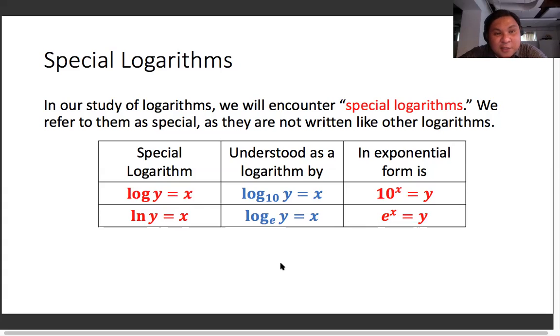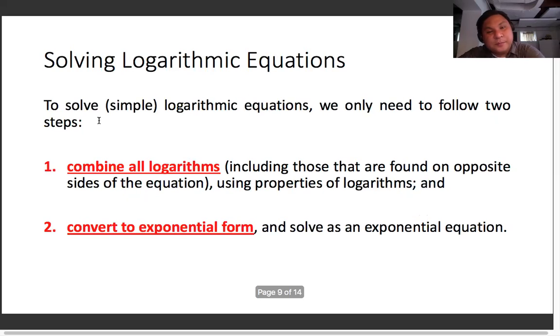All right, now that we know what special logarithms are, let's try to understand the steps in solving logarithmic equations. There are actually only 2 steps. The first step is to combine all logarithms. This is logical because, as I mentioned earlier, you need to combine all logarithms into a single logarithmic expression so that you may be able to convert it into its exponential form.